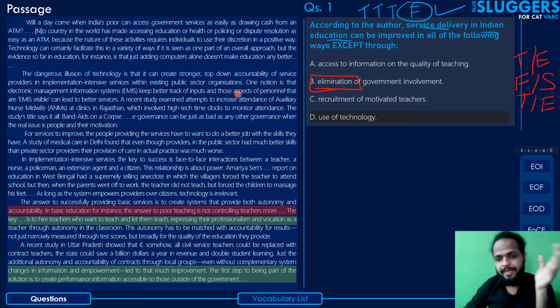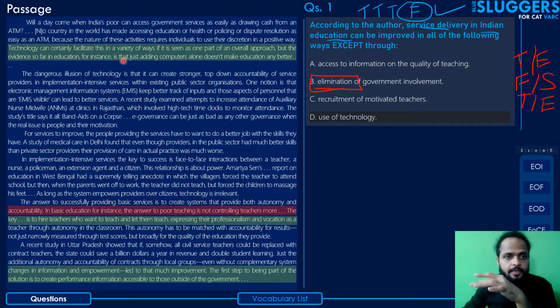Actually he's not biased against technology, he just feels that technology can work better as a facilitator and not the determining factor here. So he has not said that the use of technology cannot improve service delivery. In fact, he says that it can facilitate. The point of reference is here: he says technology can certainly facilitate. So yes, it can be improved by technology. It's just that he doesn't think technology is the one determining factor that can have the maximum impact here.